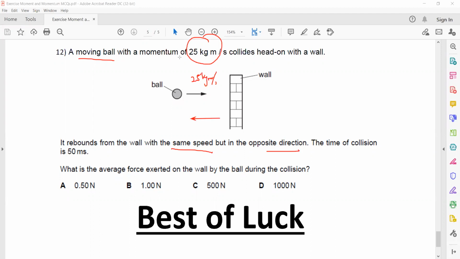So it means the value of the momentum does not change, momentum will be the same, but because it rebounds, the direction changes. So if one of the momentum is negative, the other one will be positive, because momentum is a vector quantity. As the direction changes, if one of the values you took as negative, the other one will be positive.